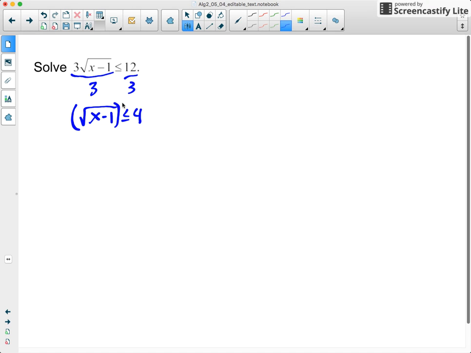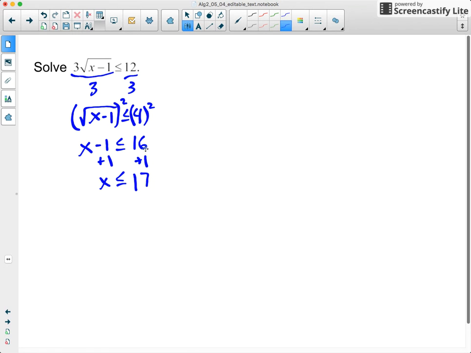We're raising to the second power, and you'd get x minus 1 is less than or equal to 16. Add 1 to both sides, and your solution would be x is less than or equal to 17.